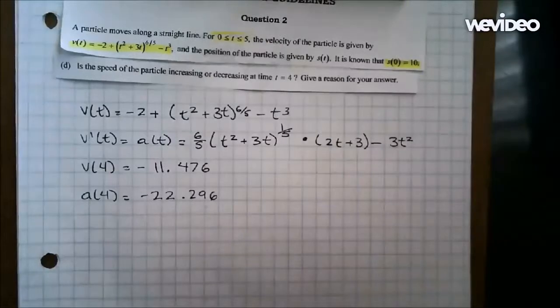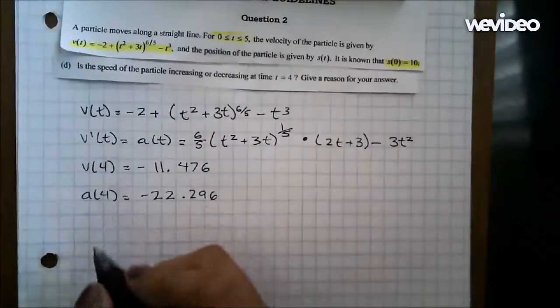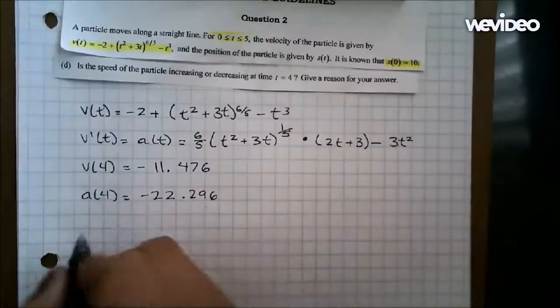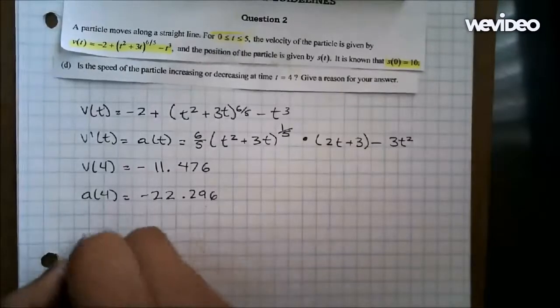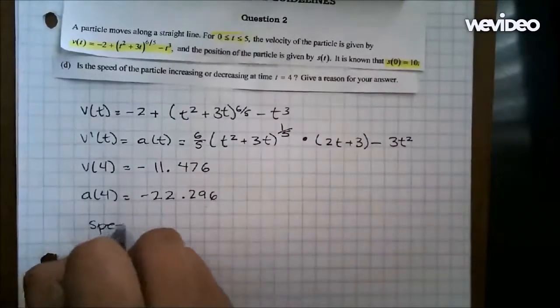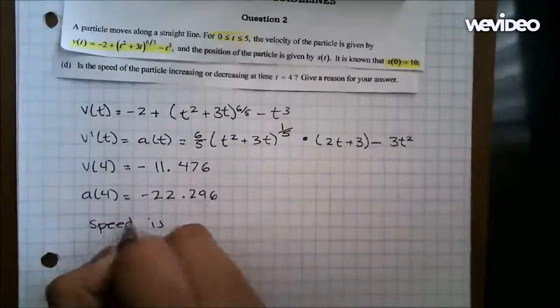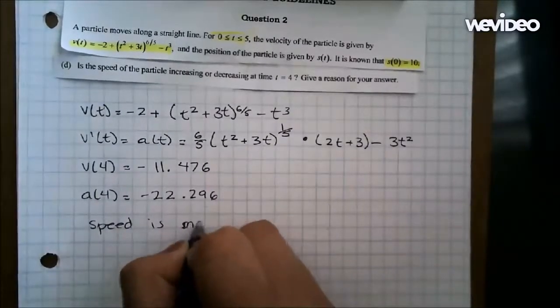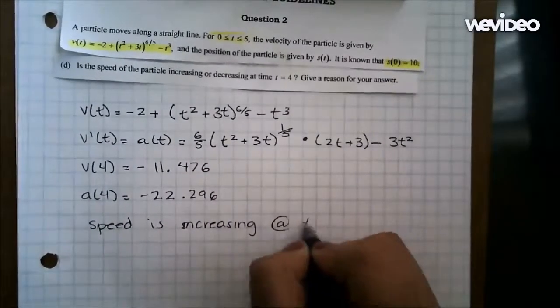We see that our velocity is negative, as well as our acceleration. So we say that the speed is increasing at t equals 4 because acceleration and velocity share the same sign. This nets us 2 points.